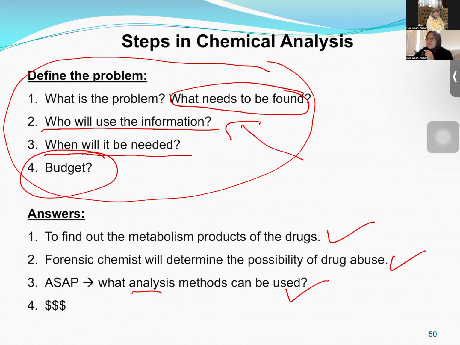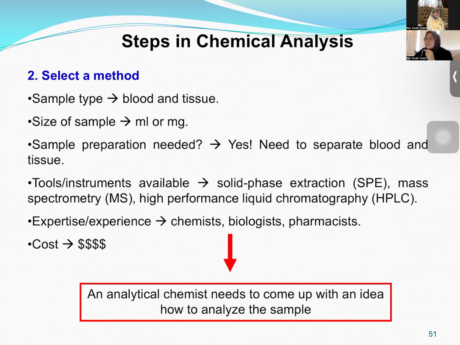So what method? Usually the best is chromatography. And of course, it's going to be very costly, all right? Because you have to do it fast, and then you have to do it using a good technique. Okay, next one. And then of course, as I mentioned just now, before you decide on the sample, you have to decide the method. But this goes concurrently. You define the problem, you already have ideas on the method, and now you start to do the sample.